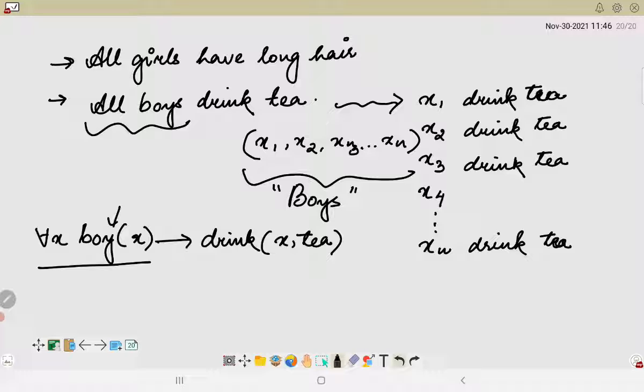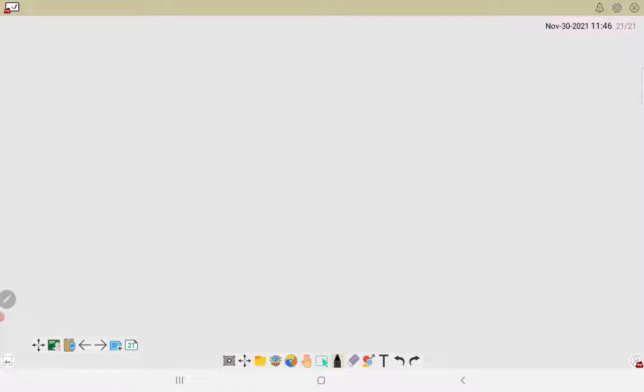Okay, so this is basically how we can represent a complex or quantifiable sentence using first order predicate logic with the universal quantifier. Now we will talk about existential quantifiers. These are the type of quantifiers which express that the statement within its scope is true for at least one instance of something.